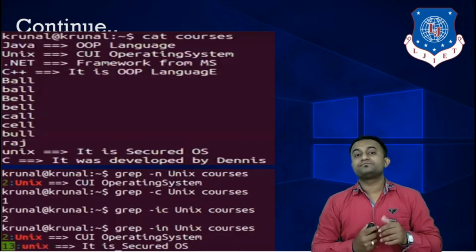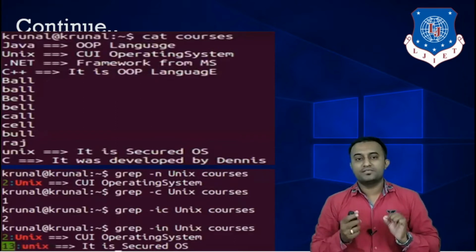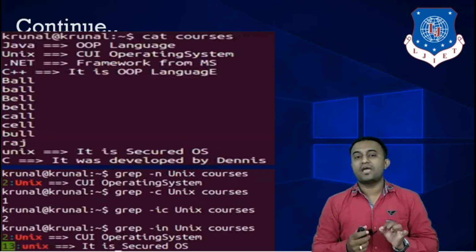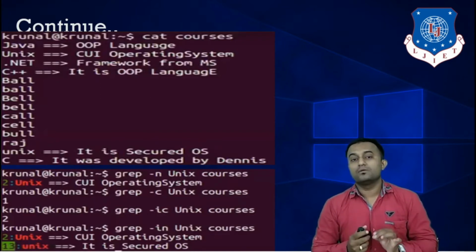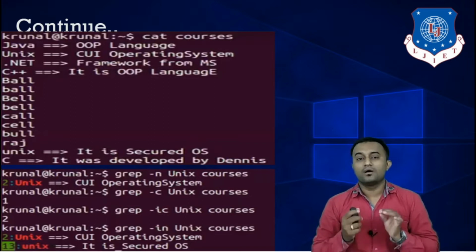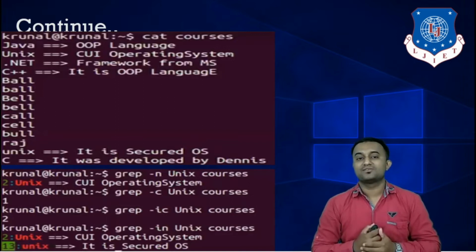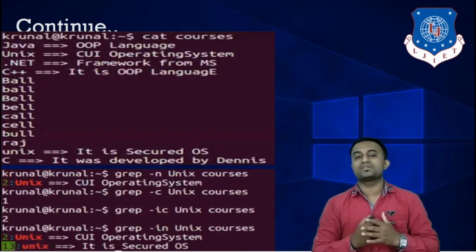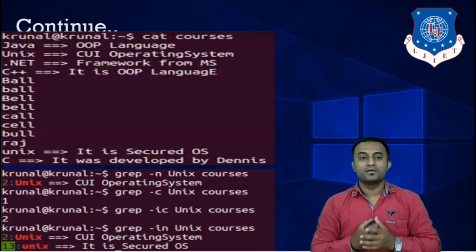Same way, if I add one more thing, instead of -c, if I mention -ic, it means we count those rows by ignoring case. So with -ic, instead of 1, I am getting 2 in this case, because Unix is encountered 2 times in this particular file.